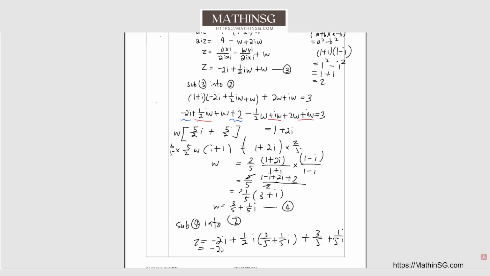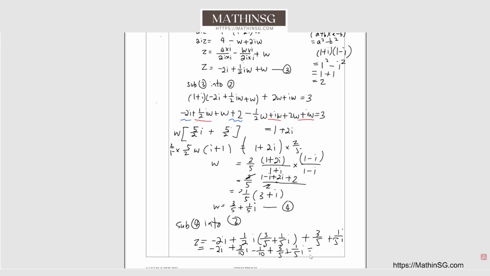So it's minus 2i plus 3/10 i plus 1/10 i squared. So it's minus 1/10. Then plus 3/5 plus 1/5 i, right?